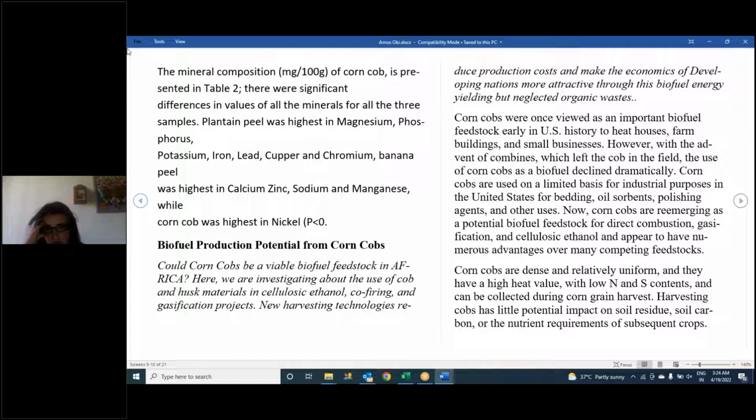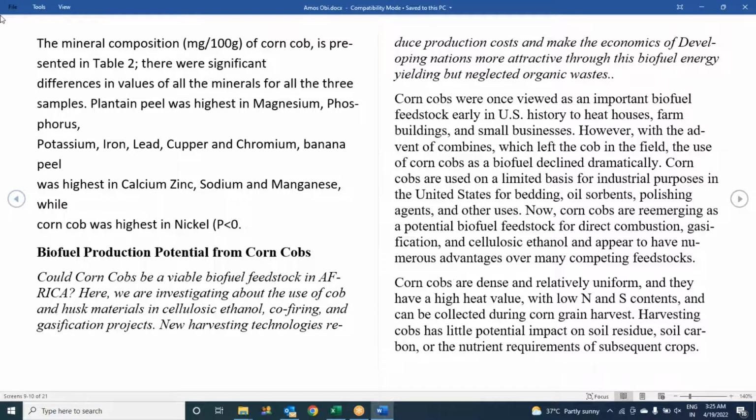One is through direct combustion. If Concord waste is properly heated, it generates heat energy, which could be collected, conserved, and used. That is one way of generating energy from Concord, which is considered as waste.